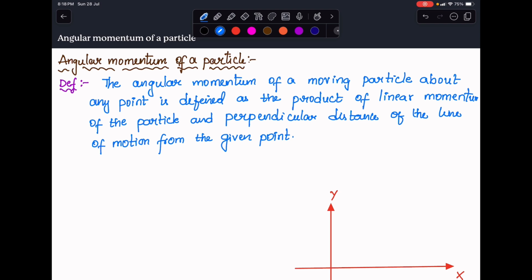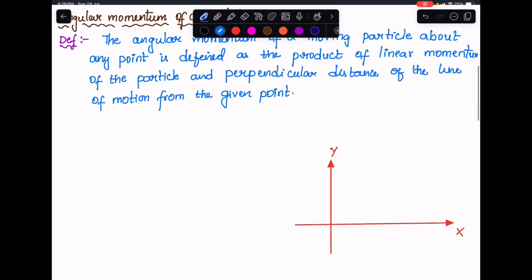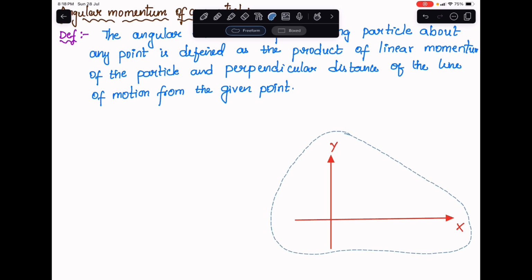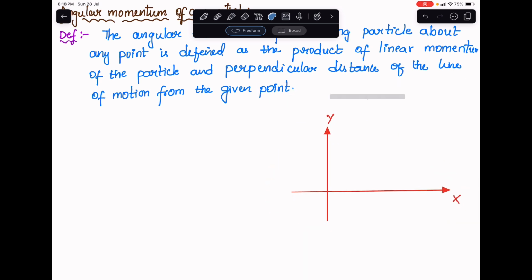So now with the help of a diagram, let us try to understand and clearly have an idea about this angular momentum. For this I am going to draw a diagram, and I'm assuming that a particle is moving in the xy plane. In which plane? Let me repeat once again. It is moving in the xy plane.